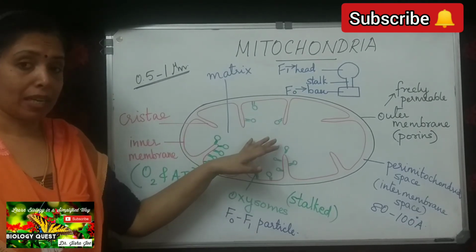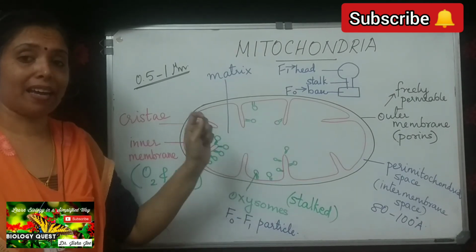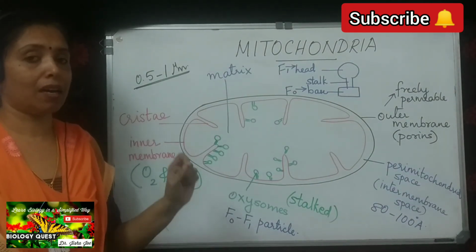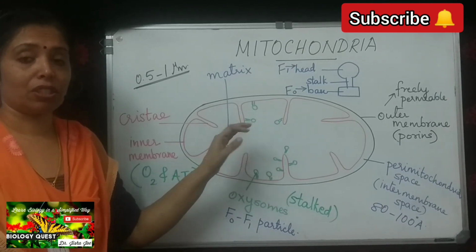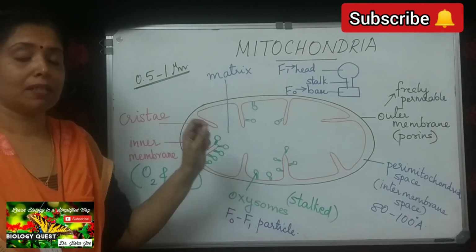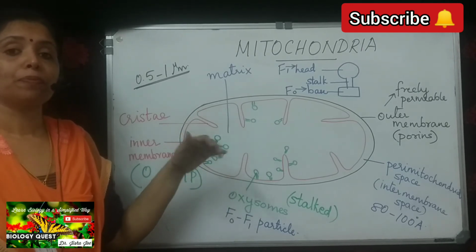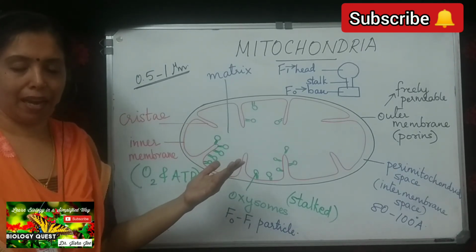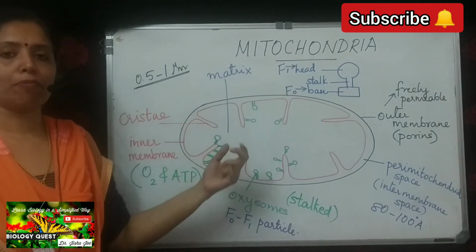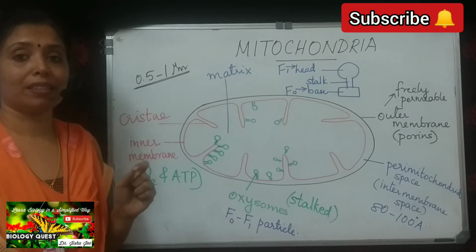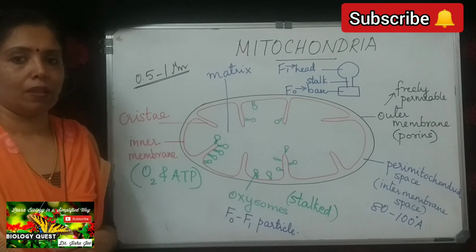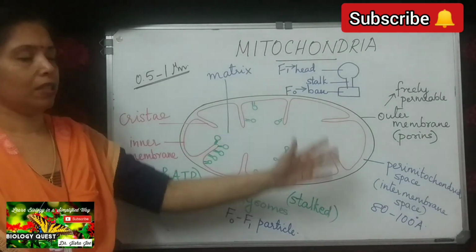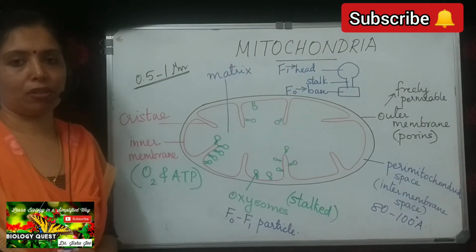So the mitochondrial matrix has the DNA, and the ribosomes present are the 70S ribosomes. The presence of the genetic material enables the mitochondria to duplicate, and this duplication occurs during the G2 phase of the cell cycle. So that is with regard to the structure of mitochondrion.